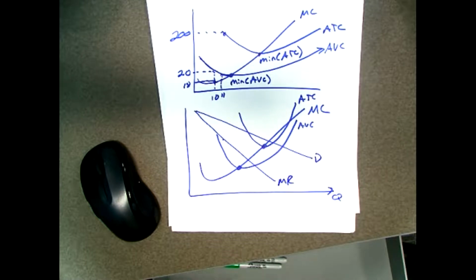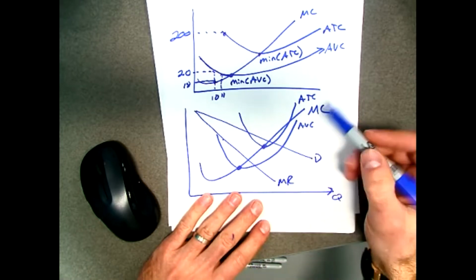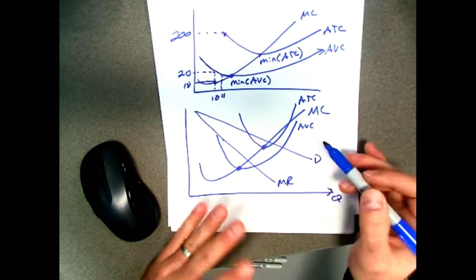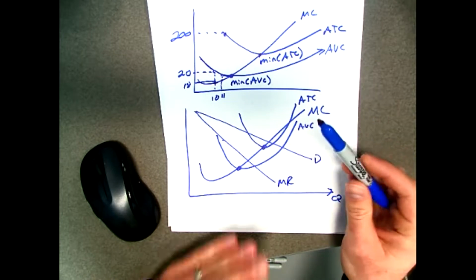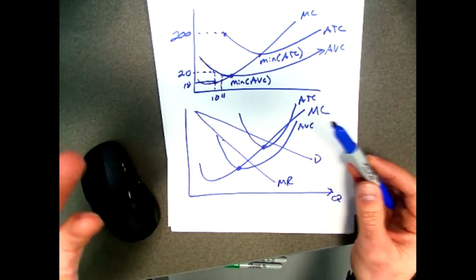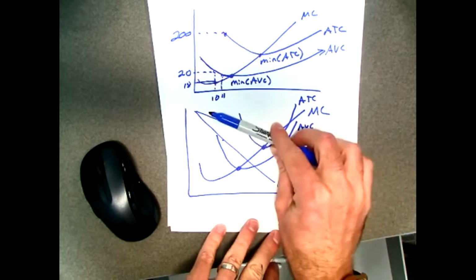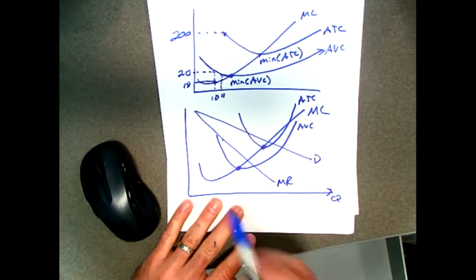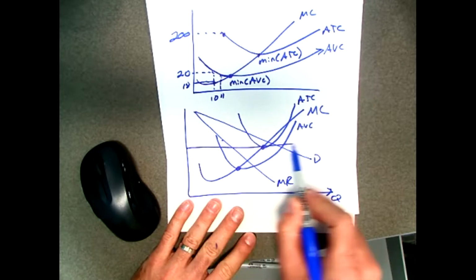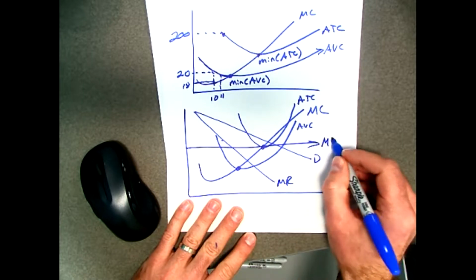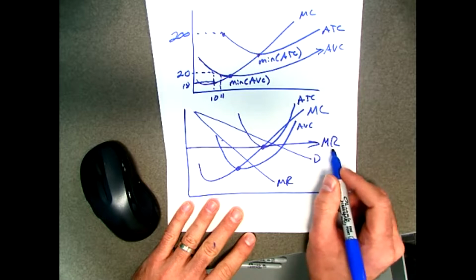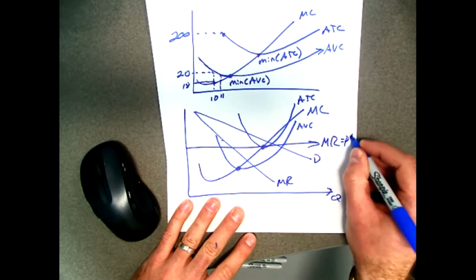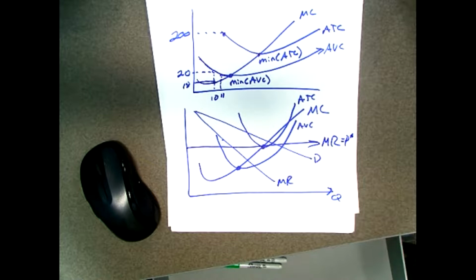I walked you through the algebra of why it's twice as steep if I'm only setting a single price, but you don't have to know that algebra. All you have to know is that a monopolist or monopolistically competitive firm faces a demand curve and a twice-as-steep marginal revenue curve. For a perfectly competitive market, the marginal revenue curve is simply horizontal at the equilibrium price.